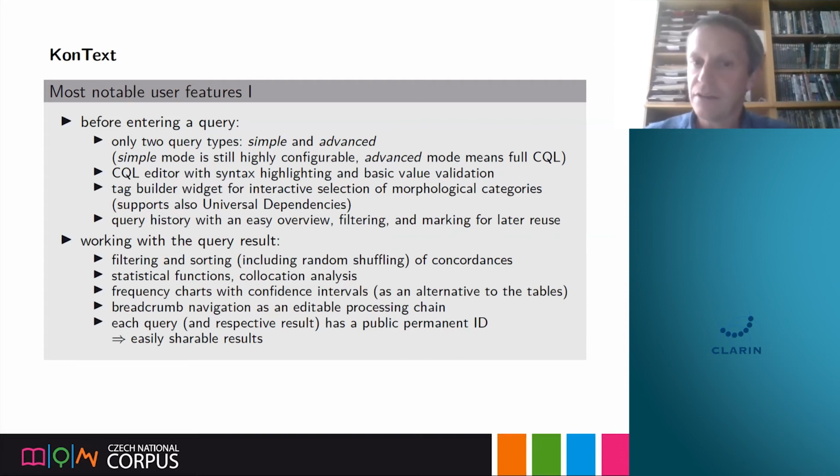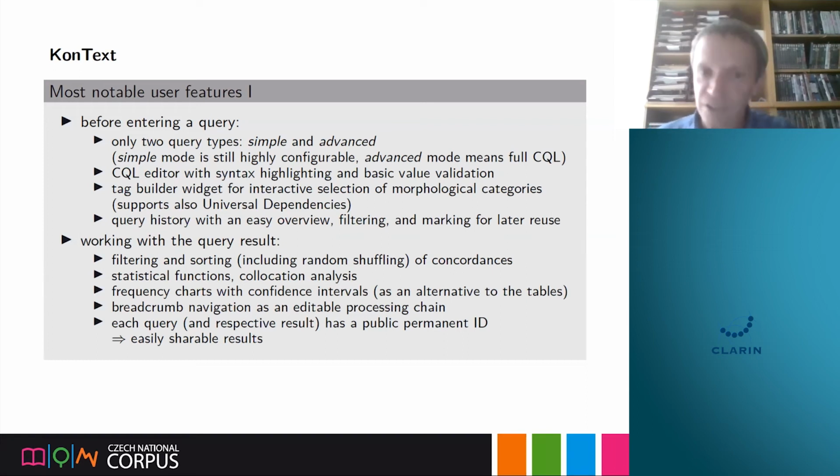Each query, or rather the resulting set of concordances and all the setup, including the view, which attributes you want to see, etc., has a public permanent ID which is encoded into the URL, which means that you can easily send the URL to your colleague and say, hey, I found something strange in this corpus, that's the result I've got. You don't have to explain the exact steps, what you did, what you searched for, what you found out.